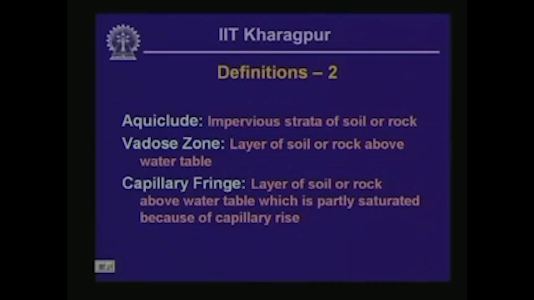So we need to alter the definition of water table a little bit. By water table, what we are going to mean is a surface at which the groundwater exists at atmospheric pressure. That is an alternative definition which fits well once you consider the saturation that may be possible in fine grained soils because of capillary rise.